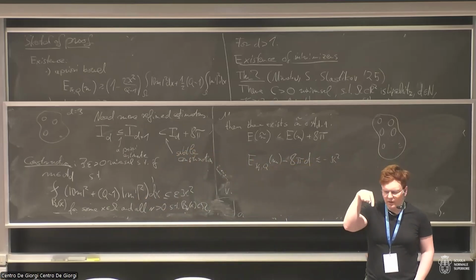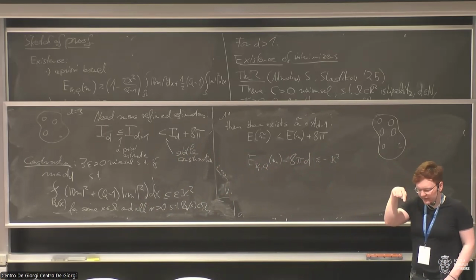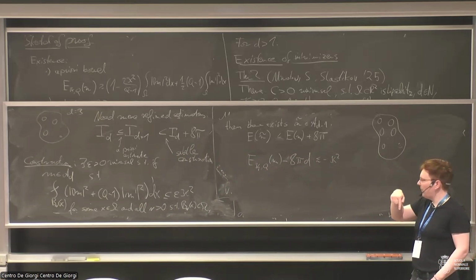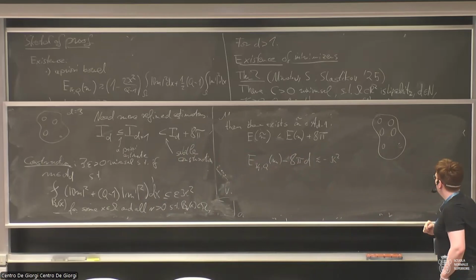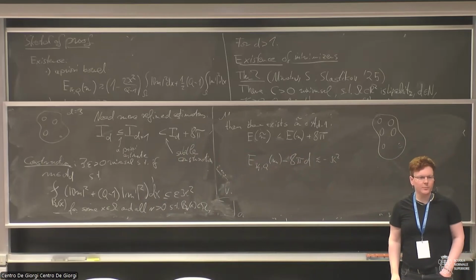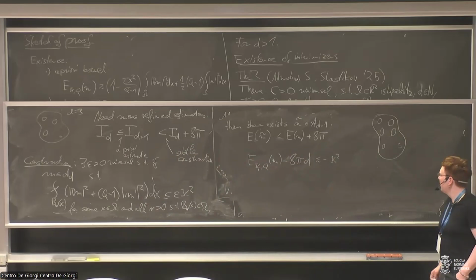Basically, you want a location in which your M essentially points down. And then in here you splice in another Belavin-Polyakov, another skyrmion.